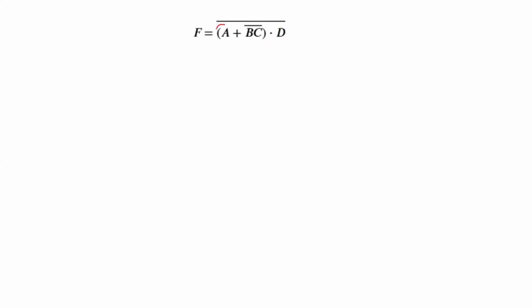Here we have an expression, and here we have an expression, and in between them there is that AND. So we could break this bar and change that into OR, which is exactly what we did here. You see that bar is broken, and that AND is turned into OR right now. So we have that.